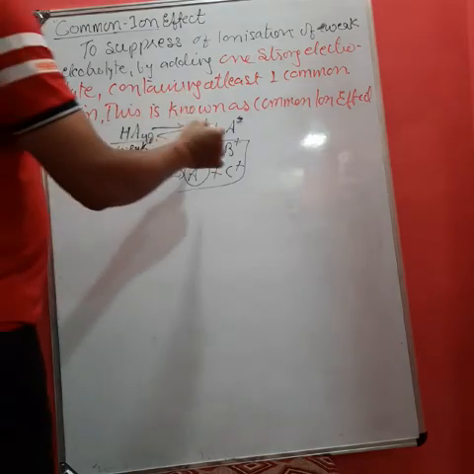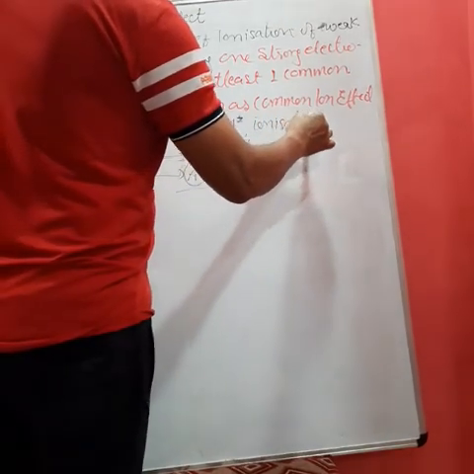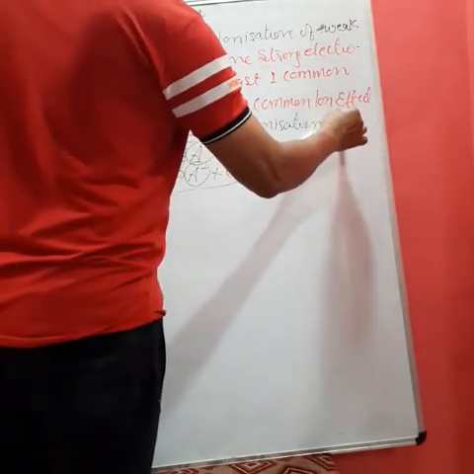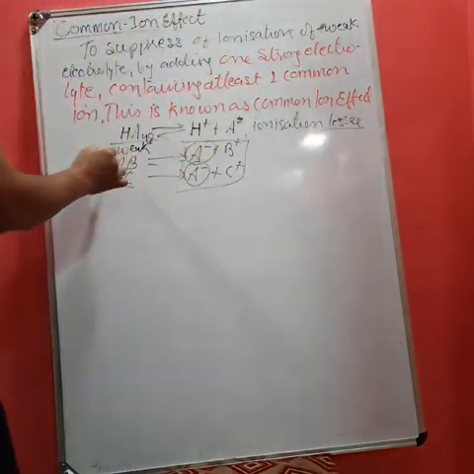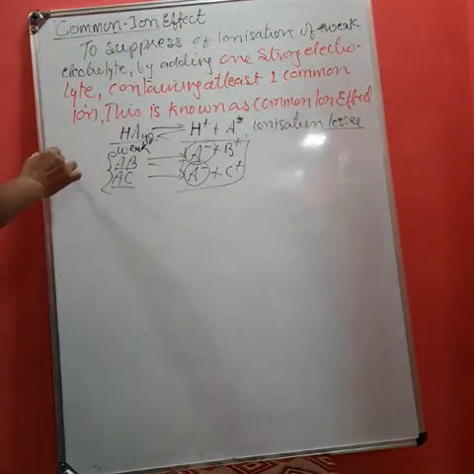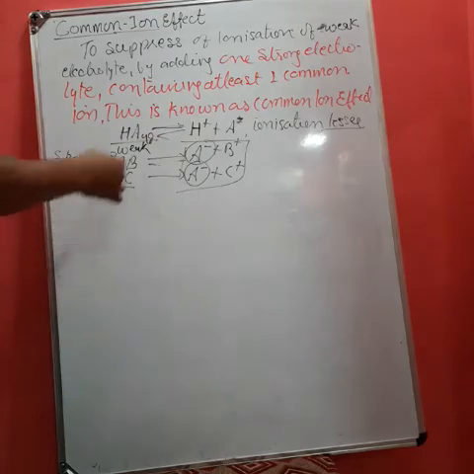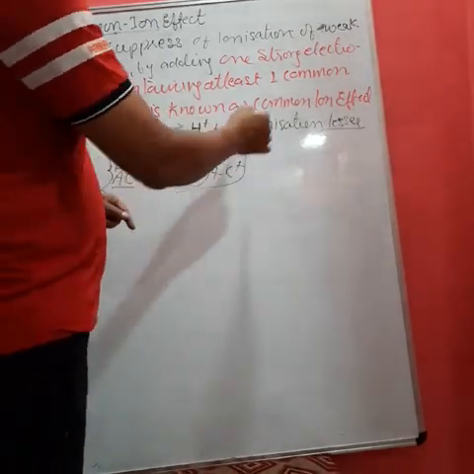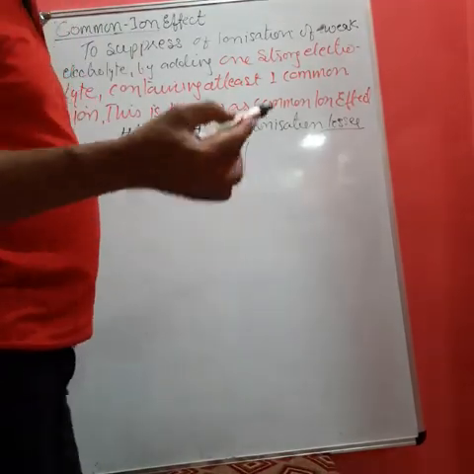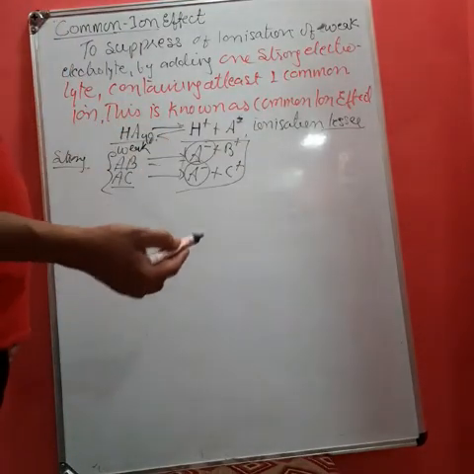Its ionization was already less, and ionization is now lesser. If we add some strong electrolyte, then due to production of the common ion present in them, it will further reduce its ionization, thus a very small quantity of H cation is available for the reaction.